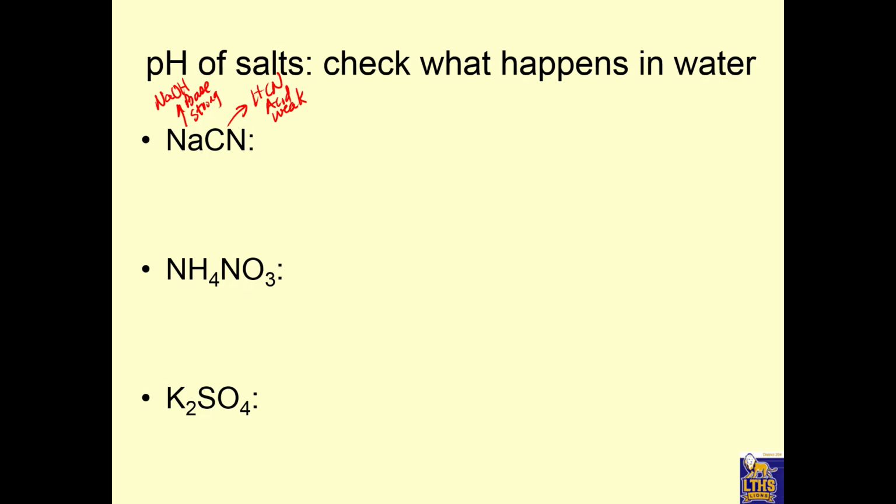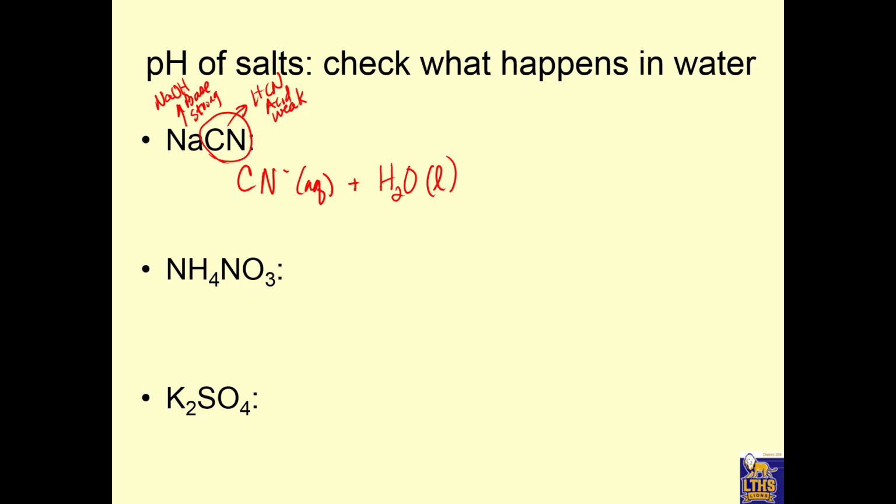So the part of the acid or base, if there's a weak part of it, or if it came from something weak, then that can get further hydrolyzed in water. So let's put it into water and see what happens.